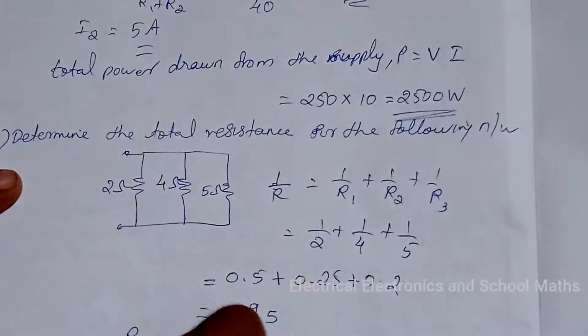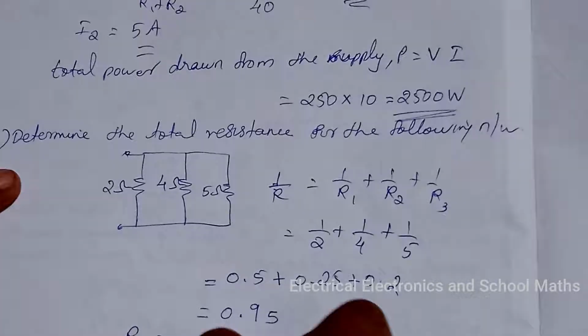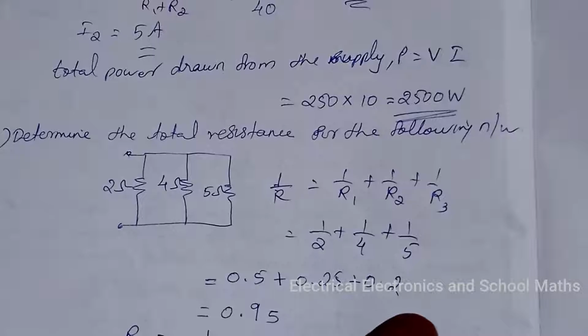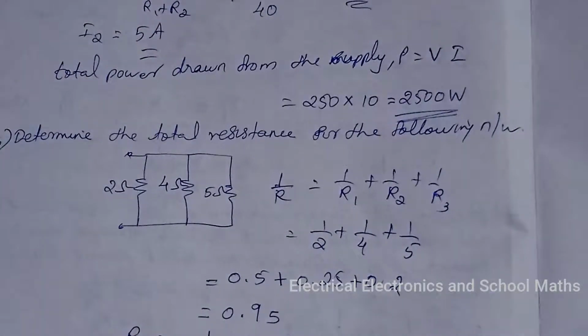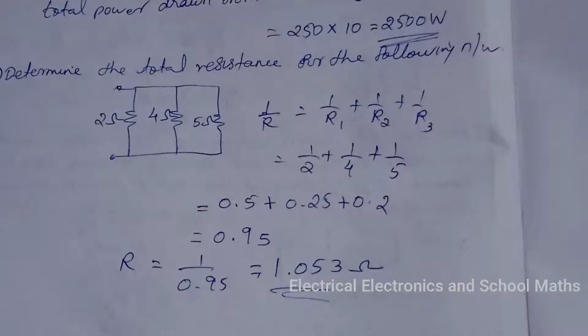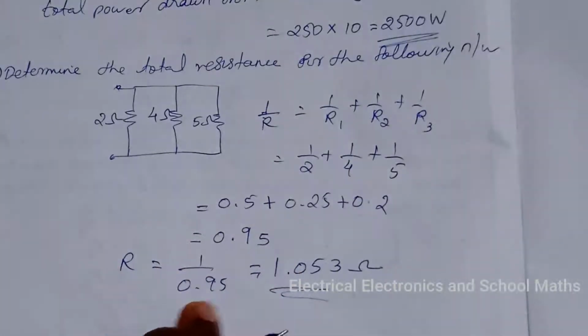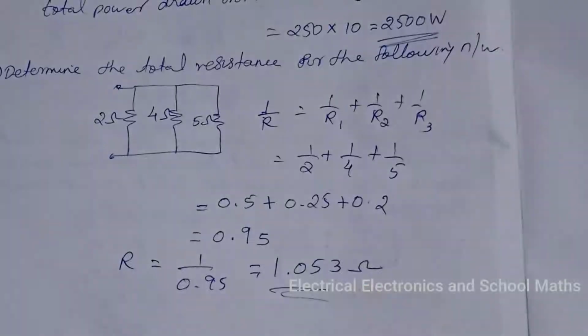The effective resistance R is equal to 1 by 0.95, that is 1.053 ohm.